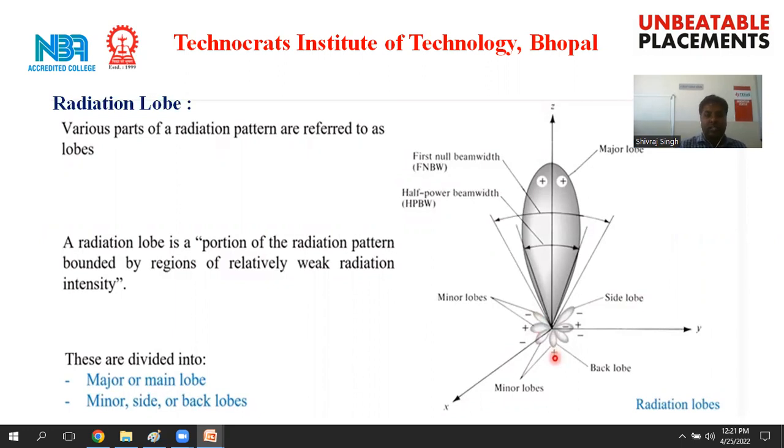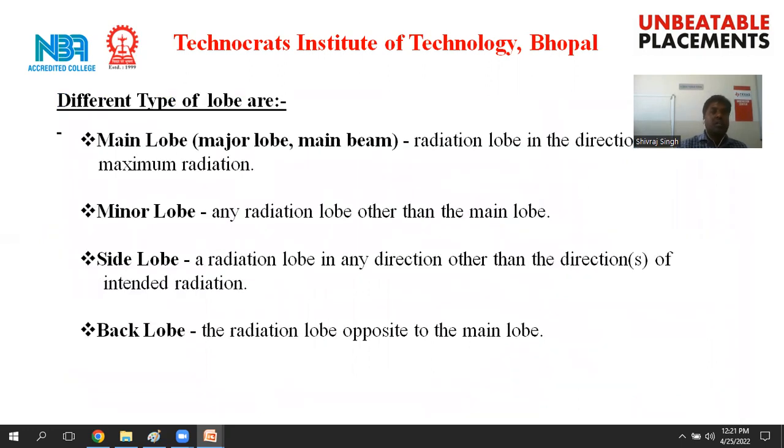Here, in the desired direction, we can measure the major direction. Basically, the main beam, the major lobe, is the radiation lobe in the direction of maximum radiation. Minor lobe is any radiation lobe other than the main lobe.